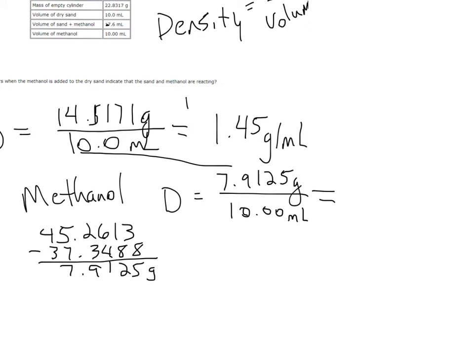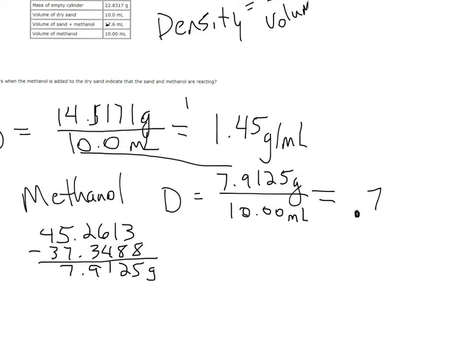So if you calculate that, 7.9125 divided by 10, on your calculator it's going to read 0.79125. The mass is good to 5 significant figures, and the volume is good to 4 significant figures.